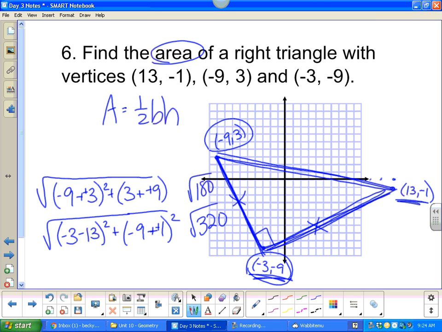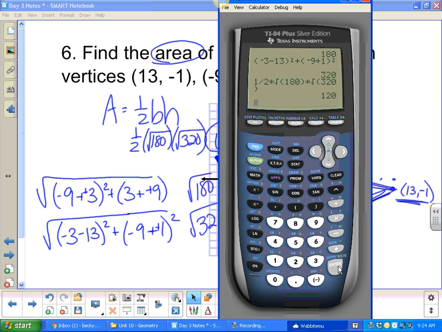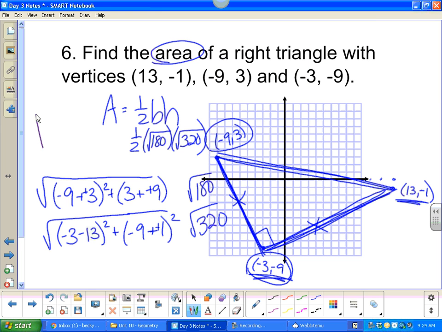Square root of 320. So then in my formula, I have 1/2 times the square root of 180 times the square root of 320. I do 1/2 times the square root of 180, close my parentheses or get out from under your square root, times the square root of 320. And I got 120 on the dot. So my area is 120.